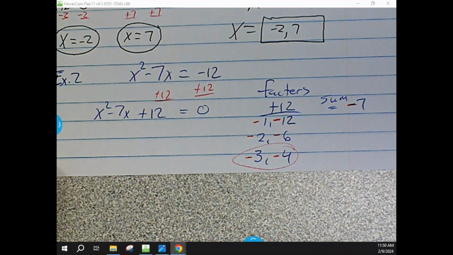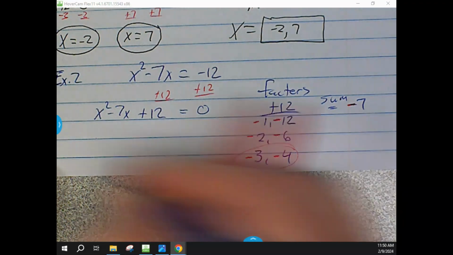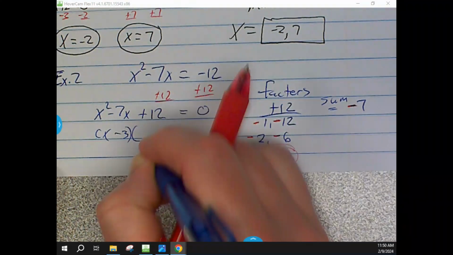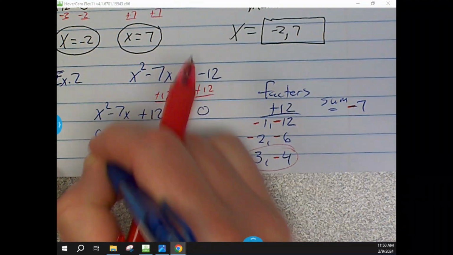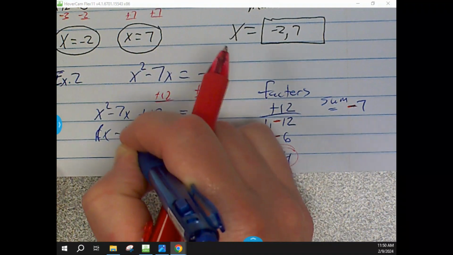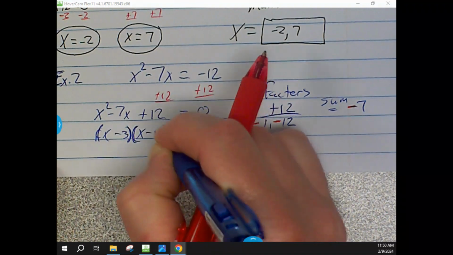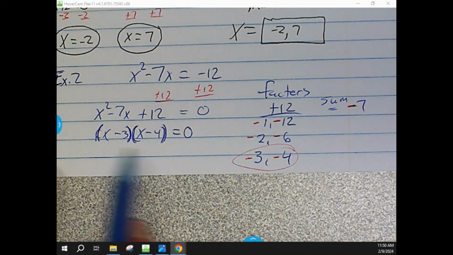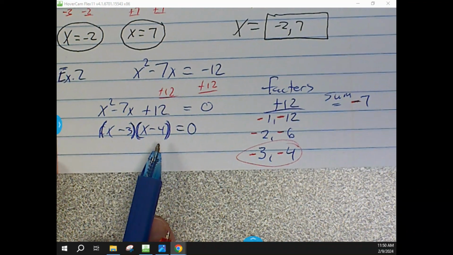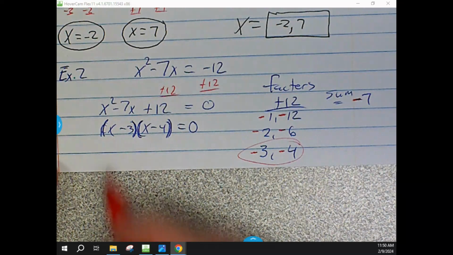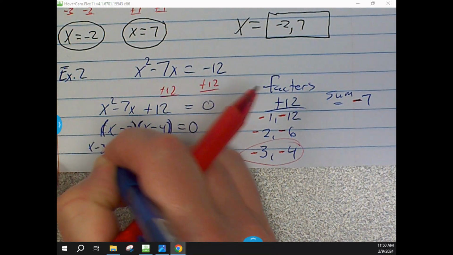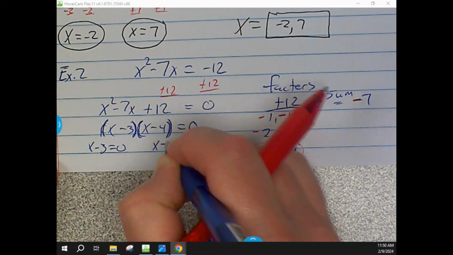And here's where we go that extra step from what we did yesterday. Because yesterday, once we got this, we had x minus 3 and x minus 4. And that's where we stopped yesterday. Today, we're going to go that one extra step. We're going to set this x minus 3 equal to 0, and we're going to set the x minus 4 equal to 0.